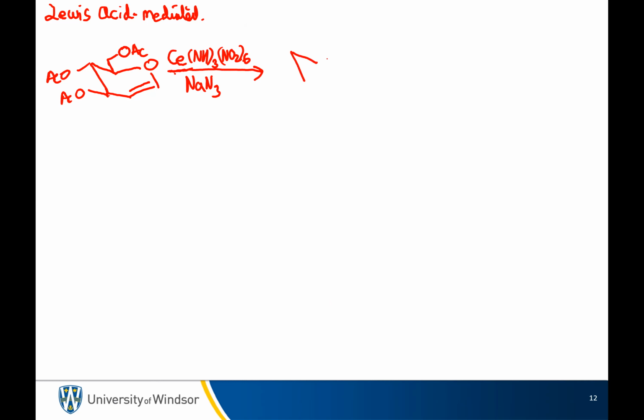Essentially, what we have is cerium 4 plus associating with the double bond as a Lewis acid.